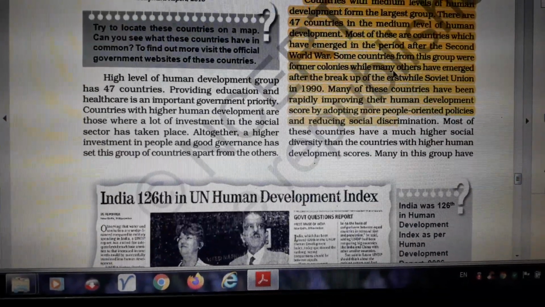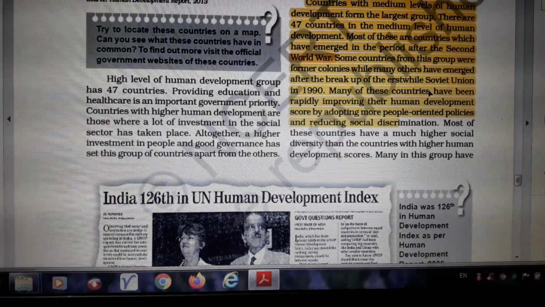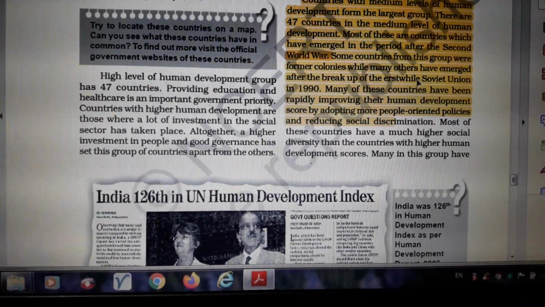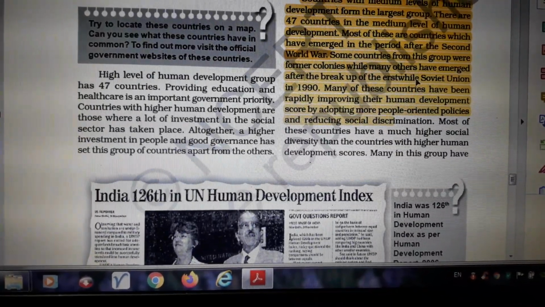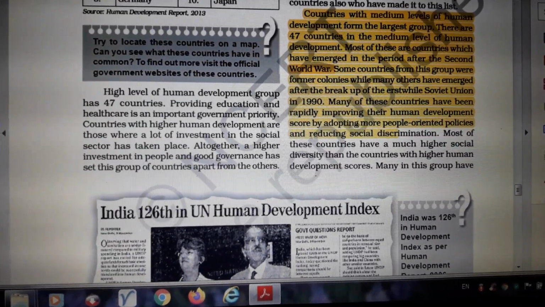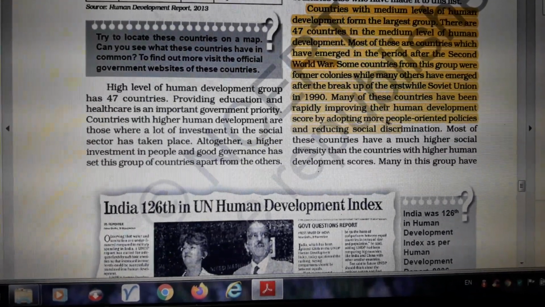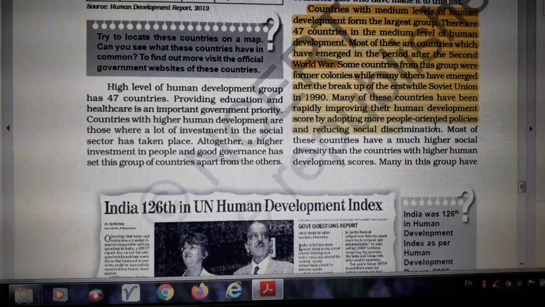After the World War, the Soviet Union split into many countries, now called CIS countries, the Commonwealth of Independent States. Many of them have rapidly improved their development. Human development also improved by adopting more people-oriented policies and reducing social discrimination.